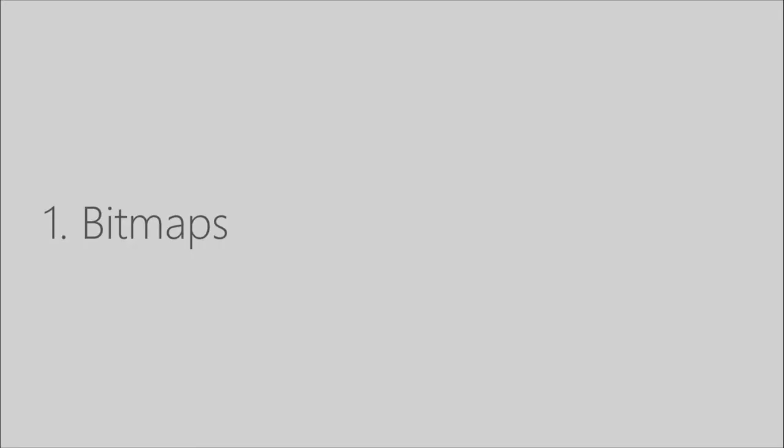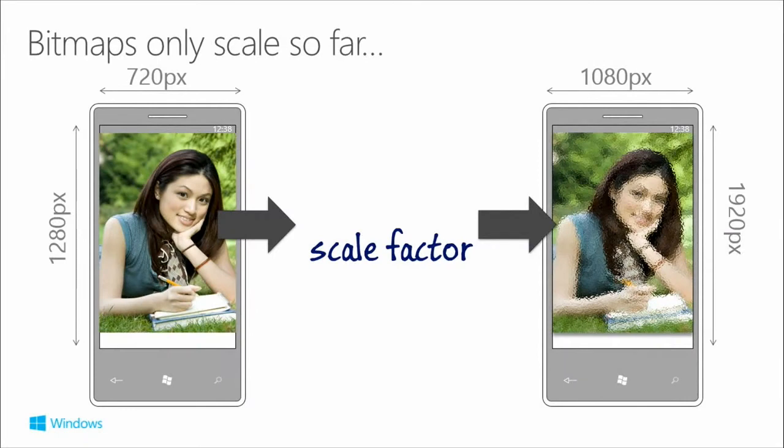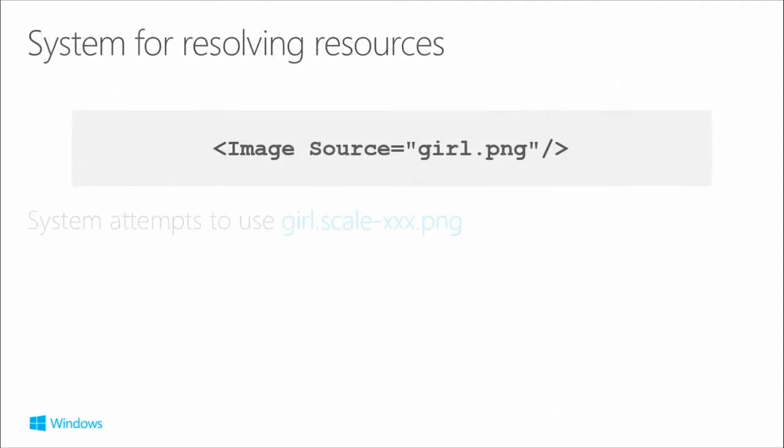So let's start with getting just the right bitmaps that we need for our low DPI and high DPI phones, because bitmaps only scale so far. You have a 100 by 100 bitmap, and if you scale it up to 300 by 300 or 400 by 400, it's just going to start to look kind of bad.